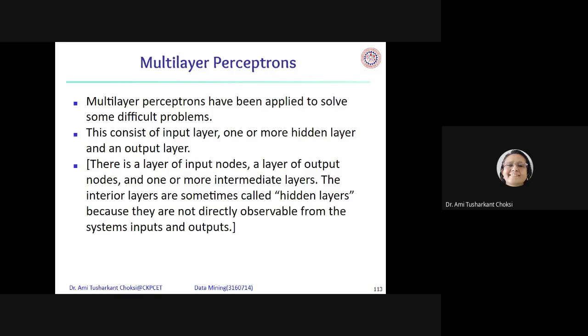There is a layer of input nodes, there is a layer of output nodes, and one or more intermediate layers, right? The interior layers are called the hidden layers. This is known to us, but why? Because they are not directly observable from the system's inputs and outputs, right?